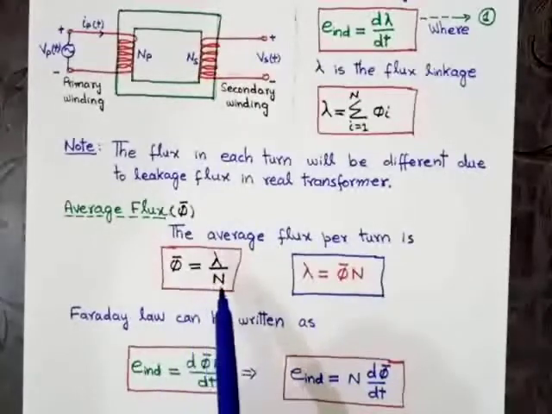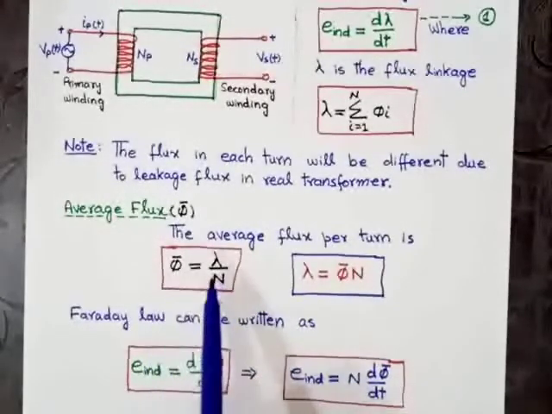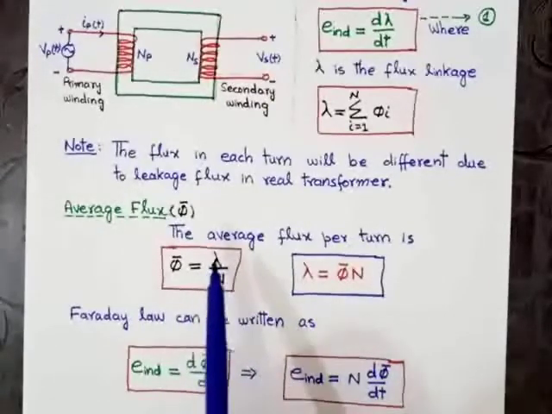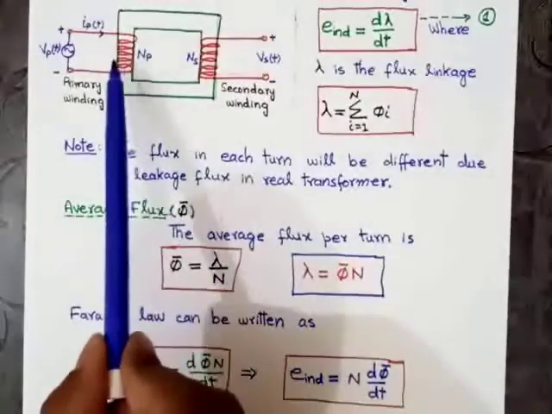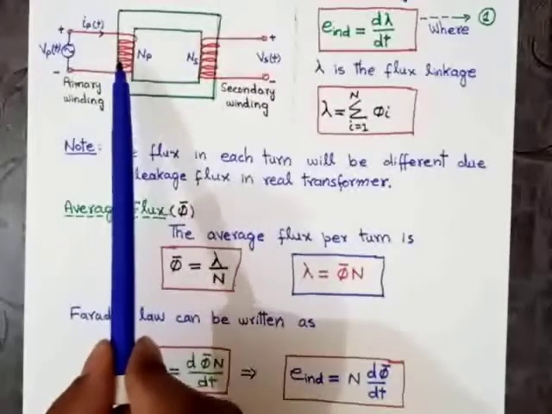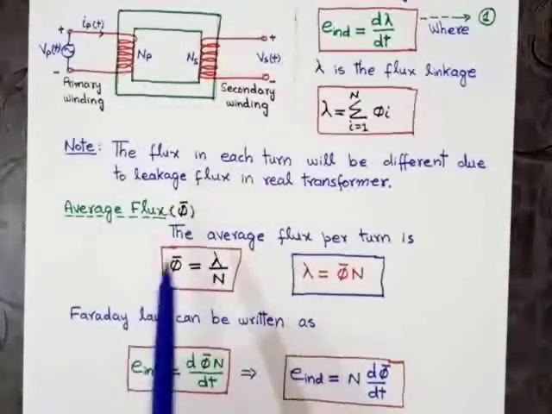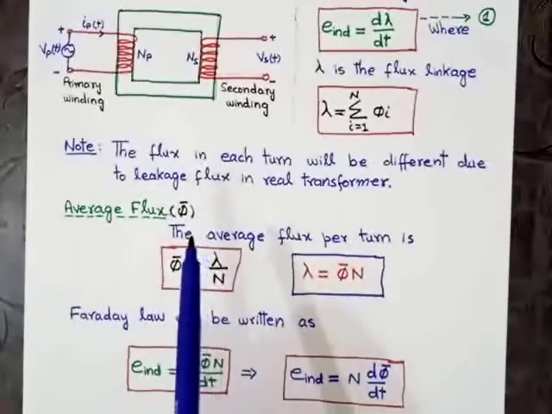The average flux per turn, average flux phi dash, is equal to the total flux divided by the total number of turns, where lambda is the total flux linkage. As you can see in this figure, there are a number of turns, so we will find the average flux per turn.